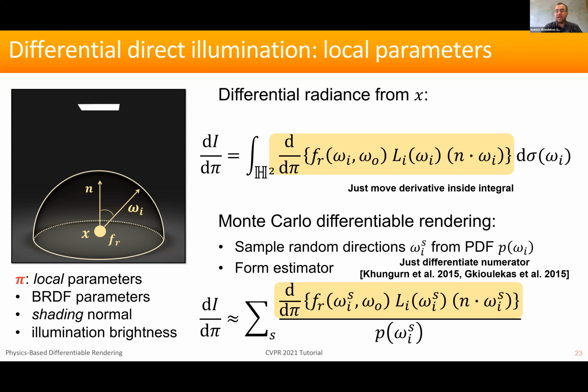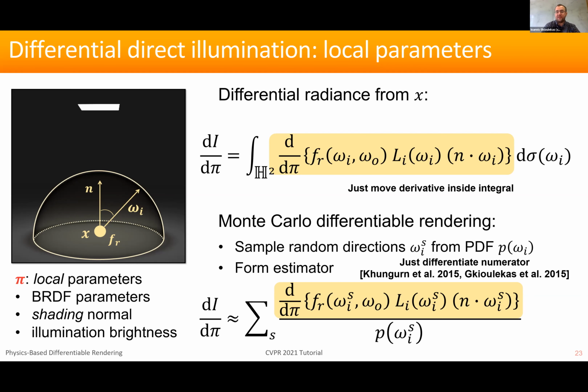So we aggregate for all of the sample directions the derivative of the numerator, the derivative of the product between lighting and BRDF and shading, divided by our PDF. So this is the simplest version of physics-based, ray tracing-based differentiable rendering.